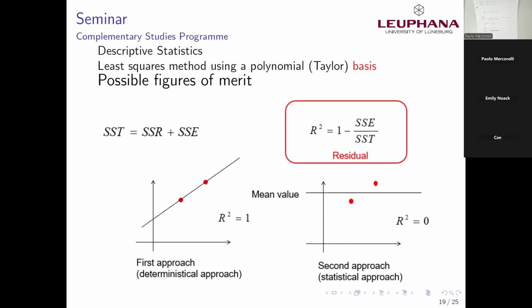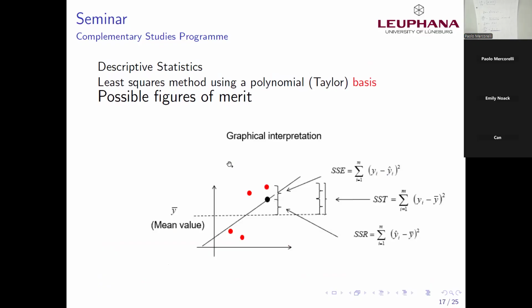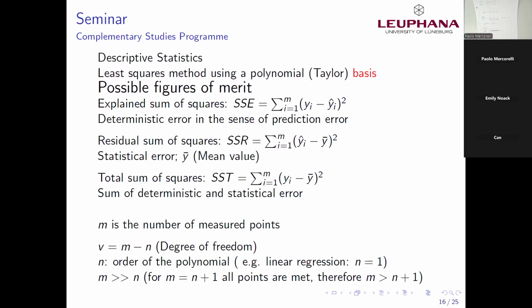But in general, if I have a lot of measurements, what is the meaning of a lot of measurements? The meaning is exactly what is written here: m much larger than n plus 1, or in general, much larger than n. This makes it clearer for us what infinite means.